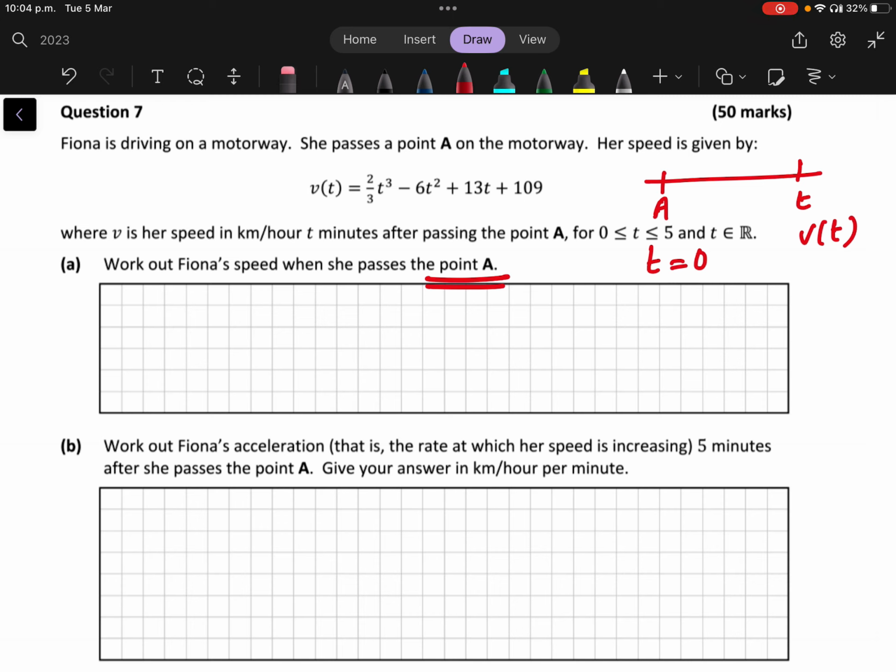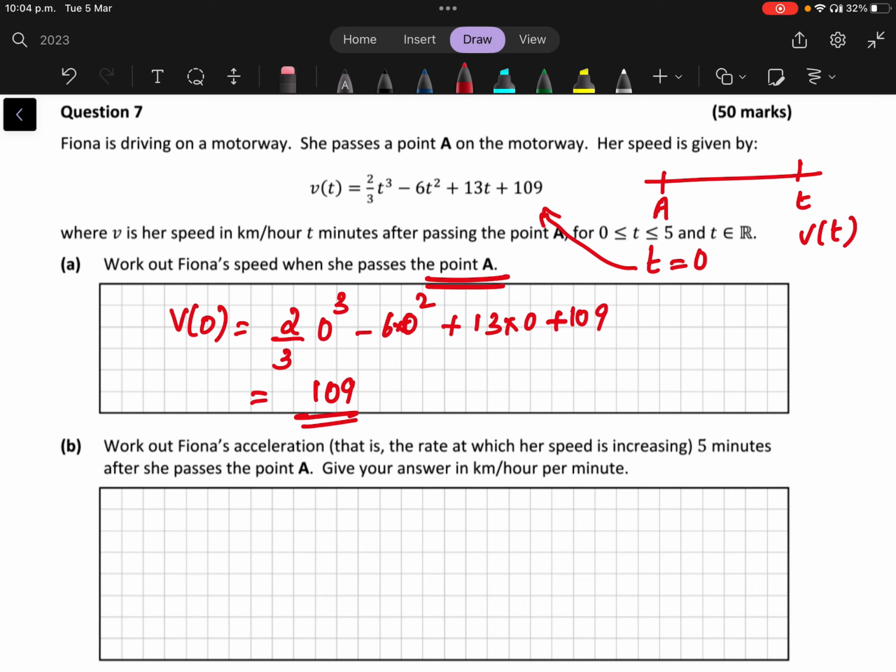So you have to sub in the value t is equal to 0 here. So that's v of 0, which is 2 over 3 times 0 cube minus 6 times 0 square plus 13 times 0 plus 109, and the zeros will all get cancelled, and you will get 109 kilometer per hour.